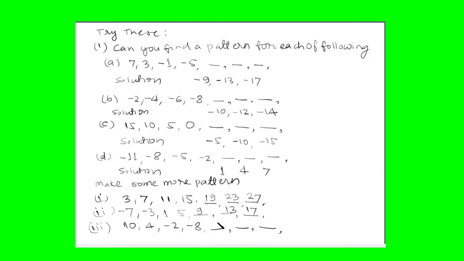So what will be our next number? We add -6 to -8 and get -14. If we add -6 to -14, we get -20. And if we add -6 to -20, we get -26. So this is our solution for this pattern.